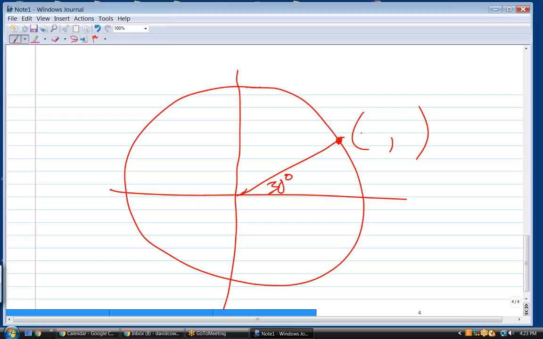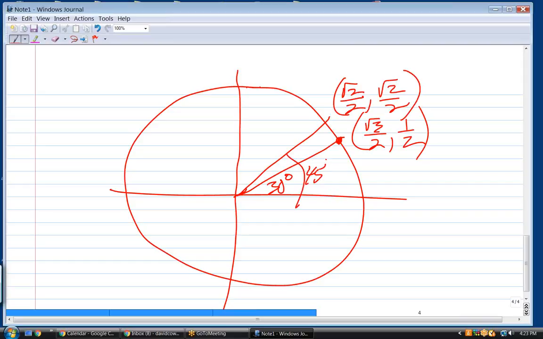So the X coordinate is root 3 over 2. The Y coordinate is 1/2. I thought they made you memorize this entire circle, with the coordinates of each point, like that. In other words, that's for 45 degrees. But it's worth knowing that for the unit circle, only for the unit circle, the X coordinate is cosine of theta, the Y coordinate is sine of theta.